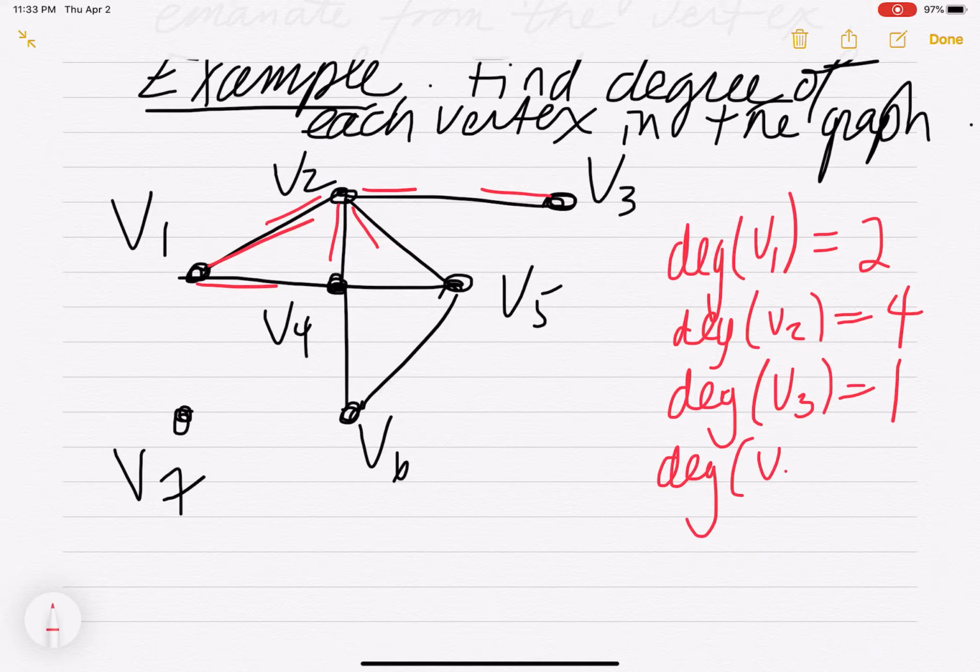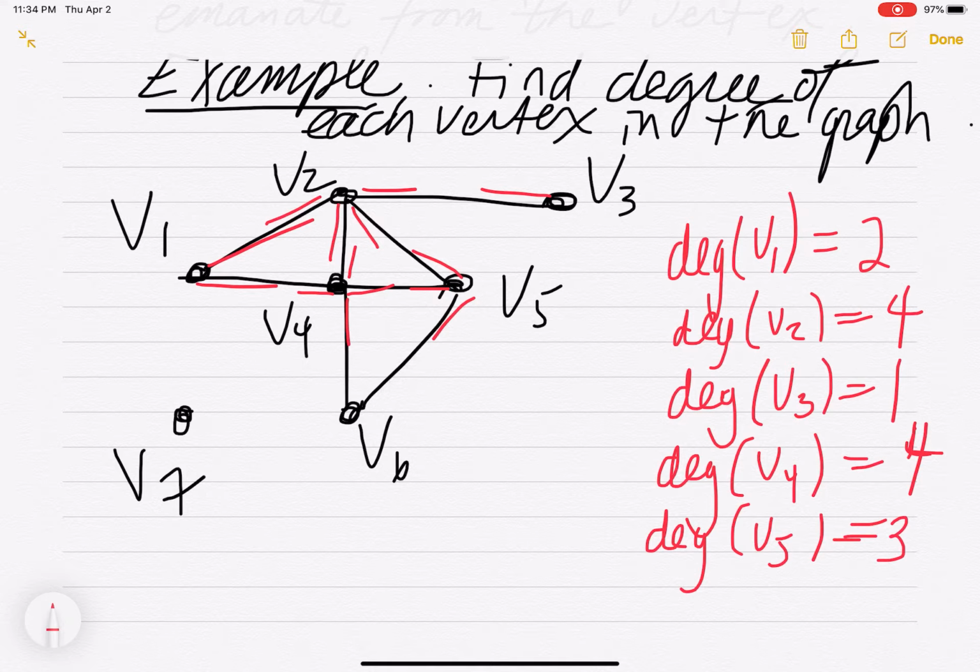Degree of V4, 1, 2, 3, 4 edges coming out of it, so degree 4. Degree of V5, 1, 2, 3 edges coming out of it, so degree 3. Degree of V6 has what? 1, 2 edges.